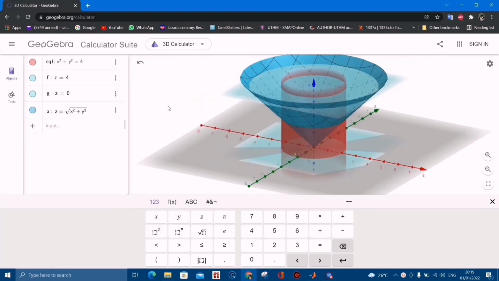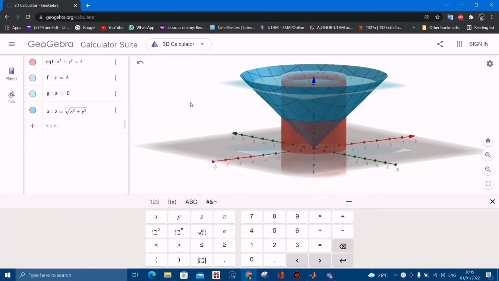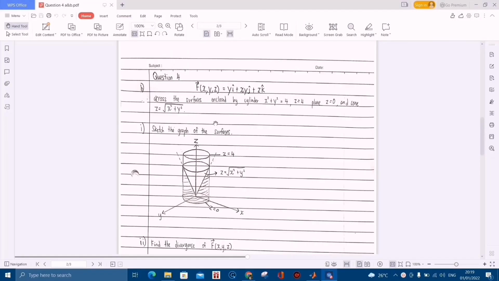So this is the sketch of the graph, also the same as our manual solution.